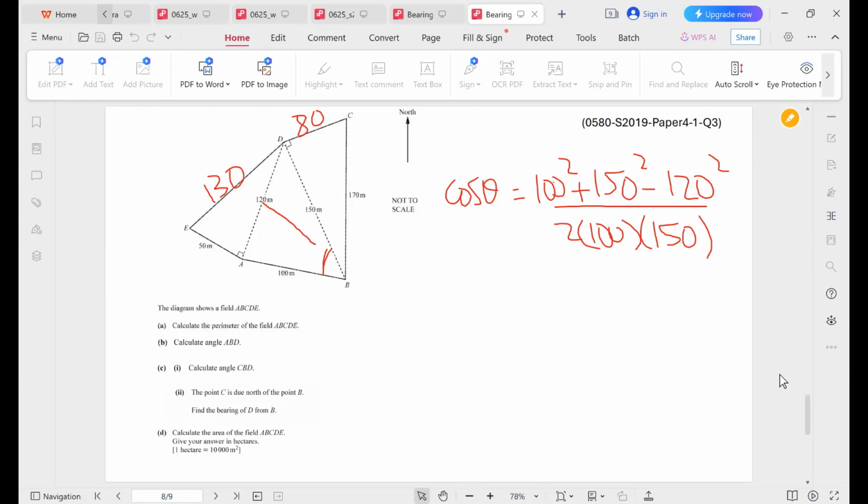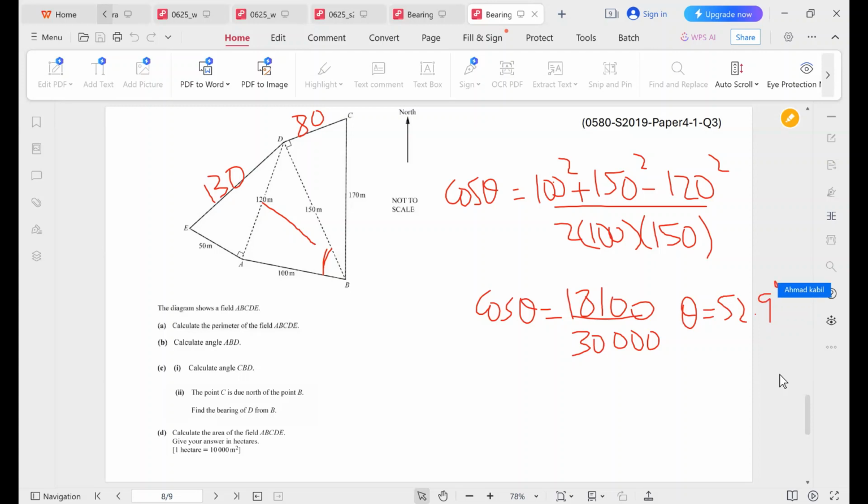We get 18,100, so cosine theta equals 18,100 divided by 2 multiplied by 100 multiplied by 150, which would be 30,000. And then we shift cosine this fraction. And we get 52.89 for theta. So theta equals 52.9 degrees.